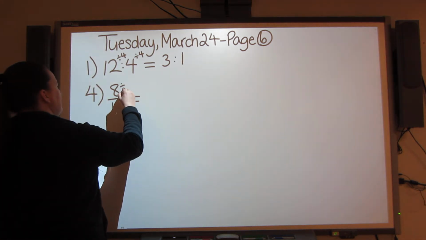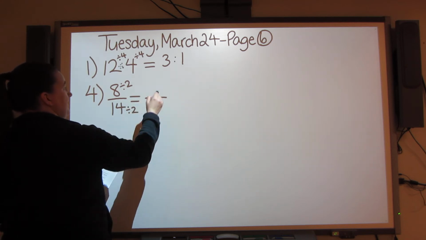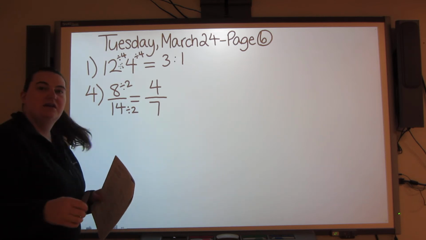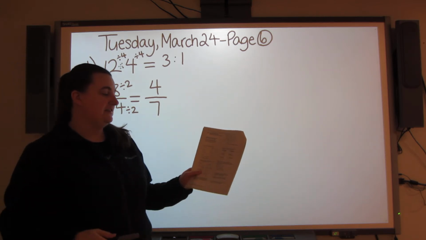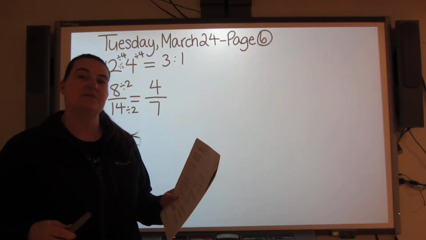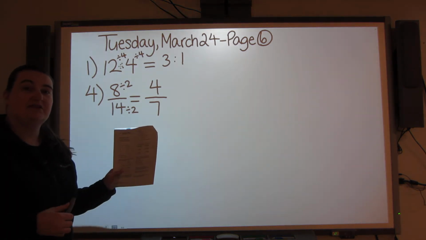So you divide them both by 2. So 8 divided by 2 is 4, and then 14 divided by 2 is 7. So it doesn't matter how they're written, they are all ratios, and you can write them all in lowest terms by finding the number that you can divide into them to make them smaller.